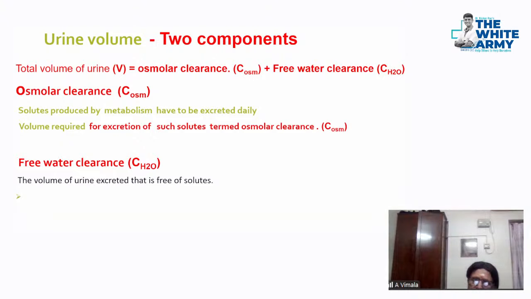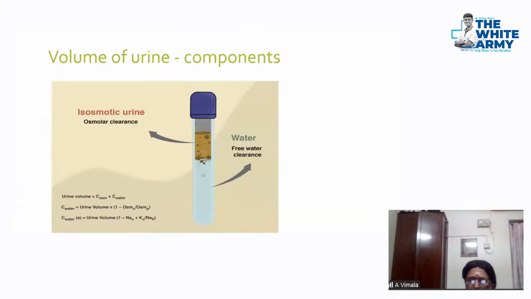But we also know that the volume of urine is not only for osmotic excretion, it is also for maintaining water balance. So there is a free water clearance. That is the volume of urine that is excreted without solutes. So if you see this diagram, the volume of urine has two components. One is the isoosmotic urine, which contains the same osmolar concentration of solute as in plasma.